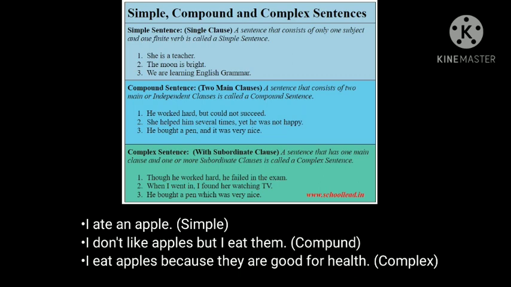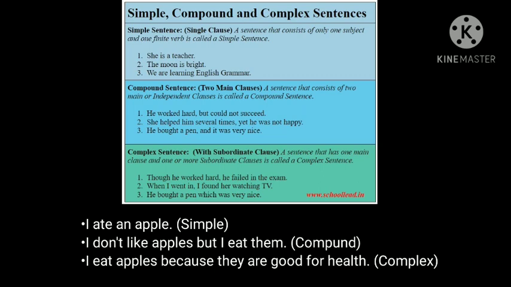Now let's know about complex sentences. A sentence which has a main clause and one or more subordinate clauses joined by a subordinating conjunction is called a complex sentence. That means a complex sentence contains one independent clause and one or more dependent clauses joined by subordinating conjunctions.